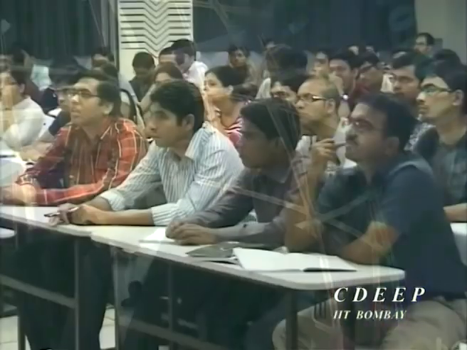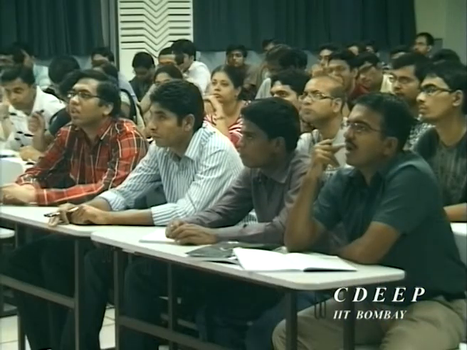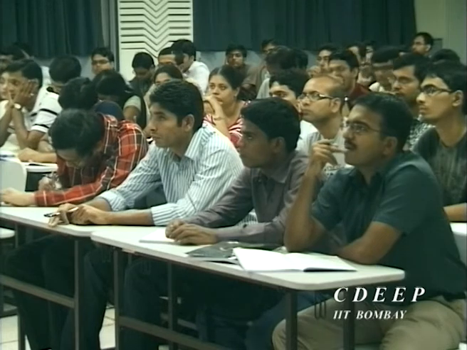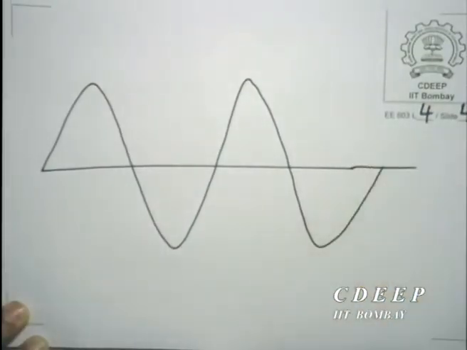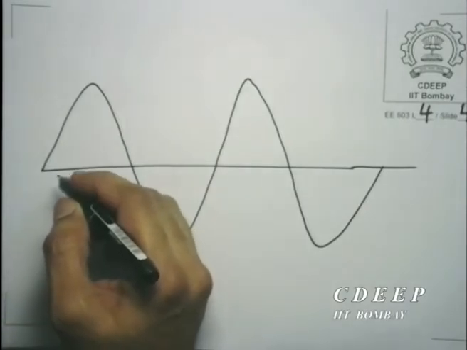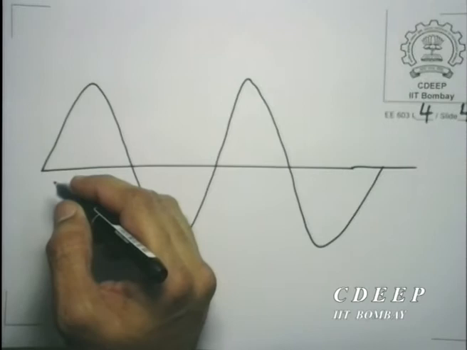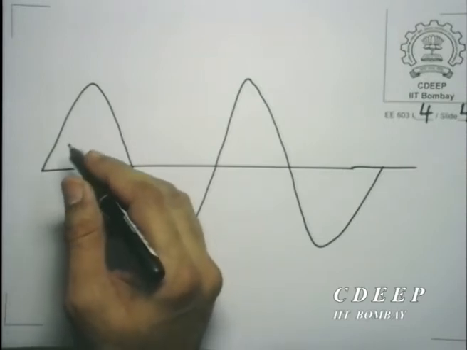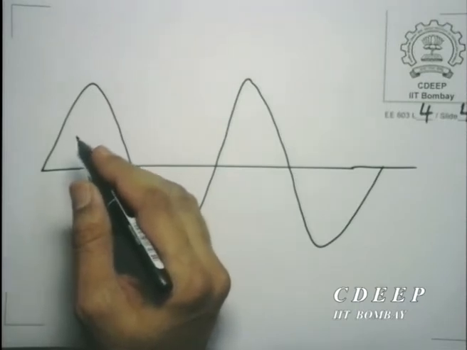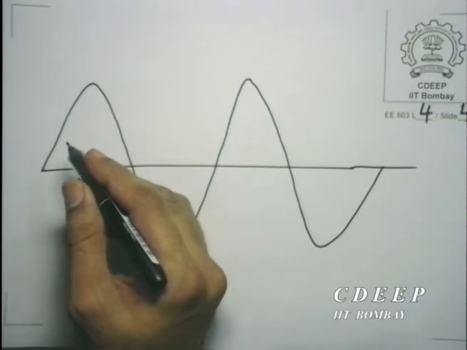Suppose I were to take a sinusoid. Now, when you say that the sinusoid has a frequency of 0.7 kilohertz and you are sampling at 1.4 kilohertz, another way to interpret this is that you have a sampling rate twice of the frequency. In other words, in every period you would have two samples.